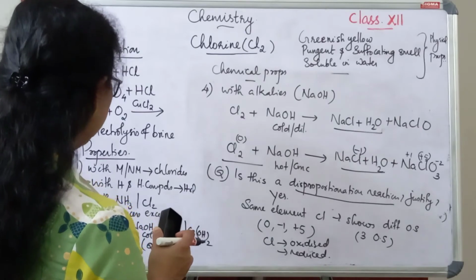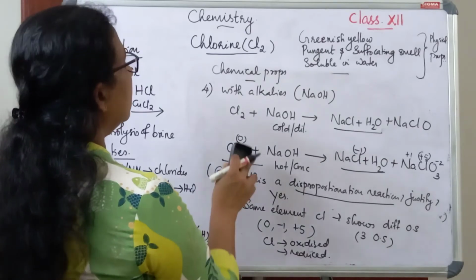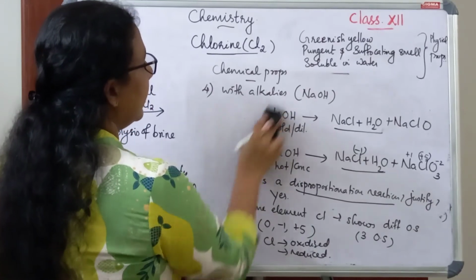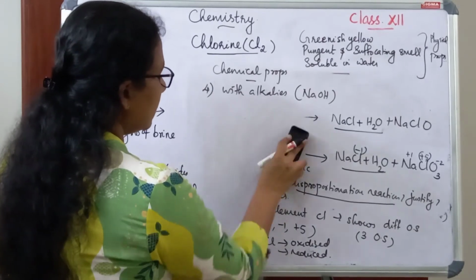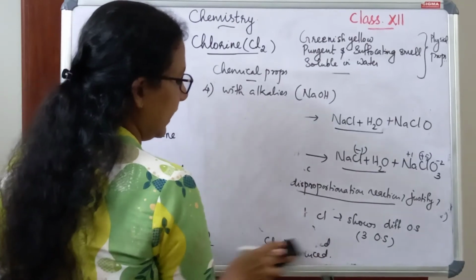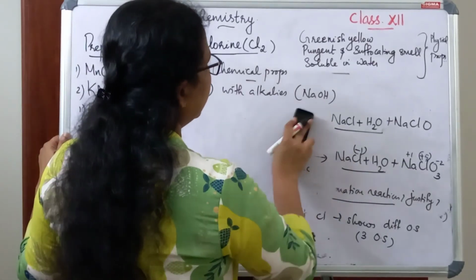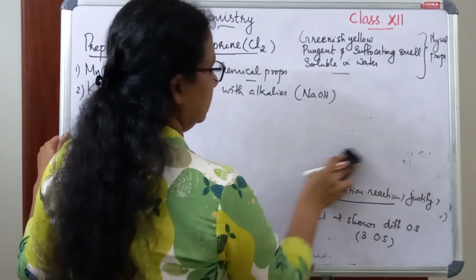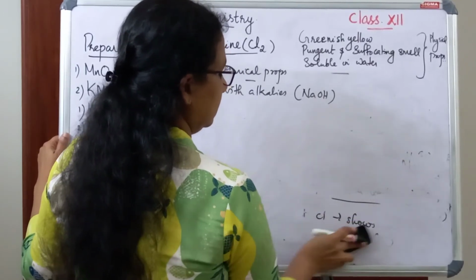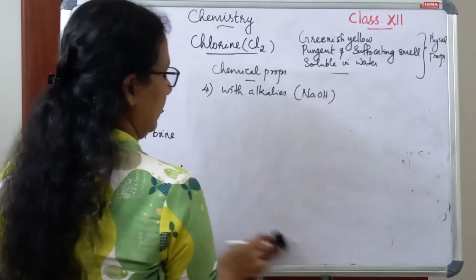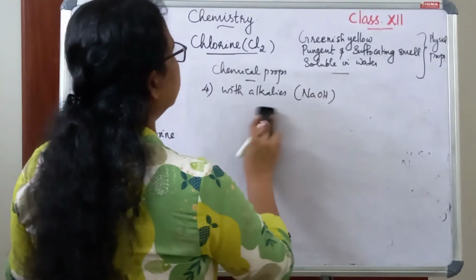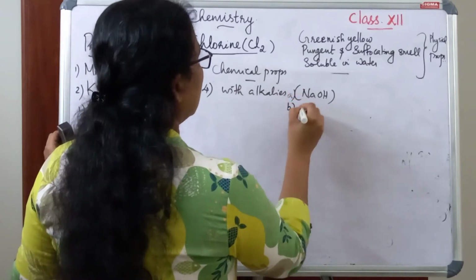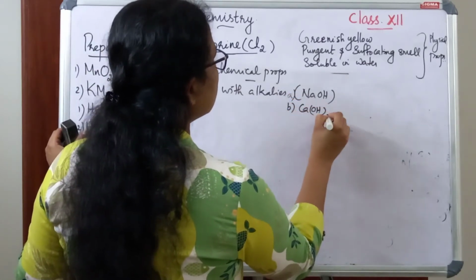Now let's see another alkali, that is Ca(OH)2. Ca(OH)2 is slaked lime.